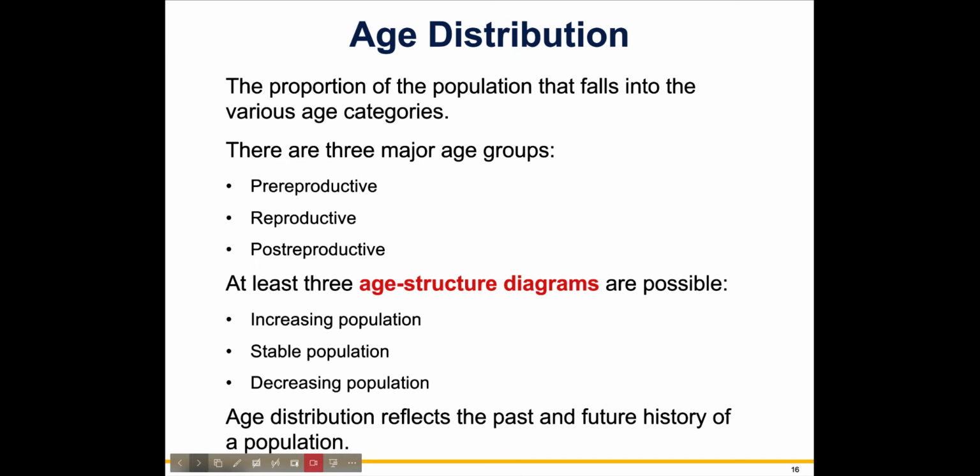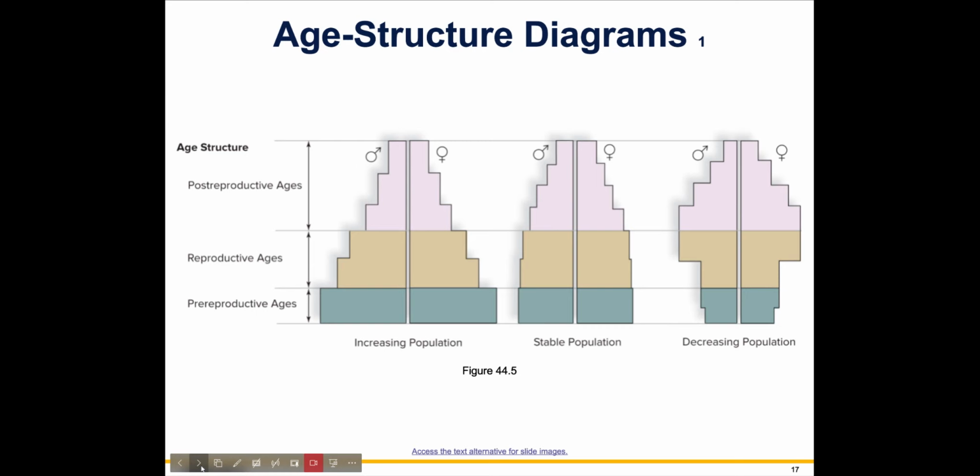And then a decreasing population is sort of an inverted kind of pyramid where we have the biggest grouping being post-reproductive age. And that age distribution really does reflect the past and the future of a population.